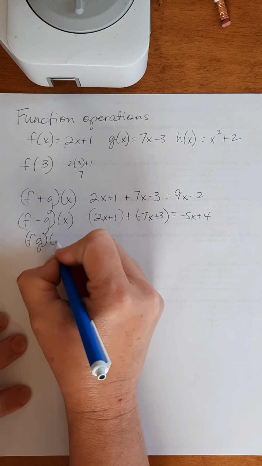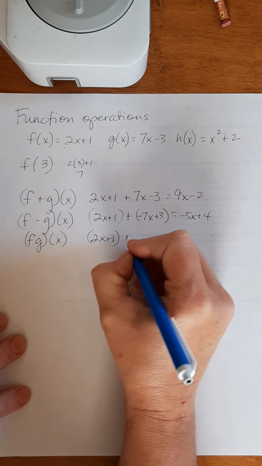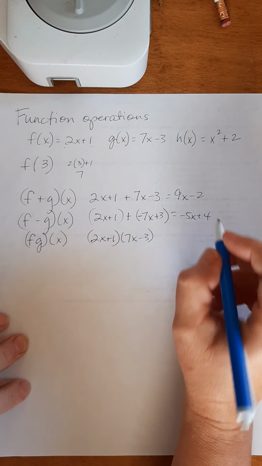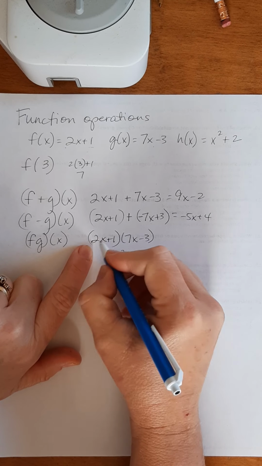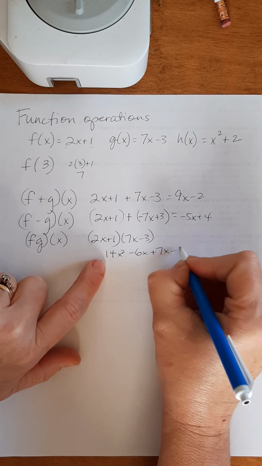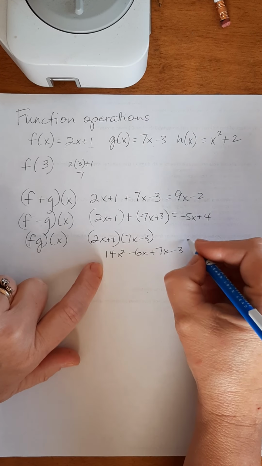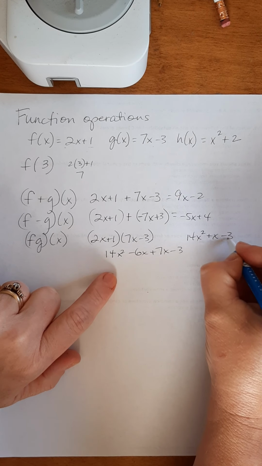F times g of x, yep, you guessed it, multiply, so 2x plus 1 times 7x minus 3, 14x squared minus 6x plus 7x minus 3, and then 14x squared plus x minus 3.